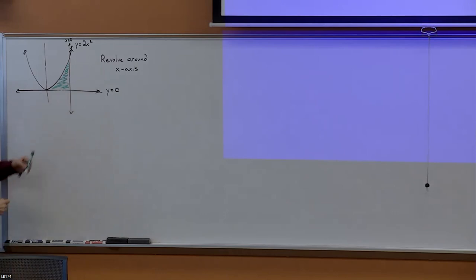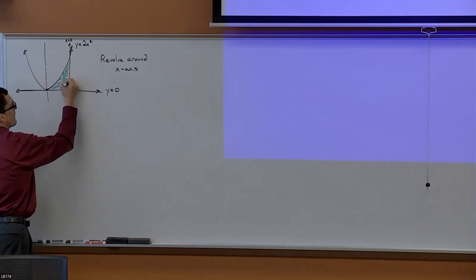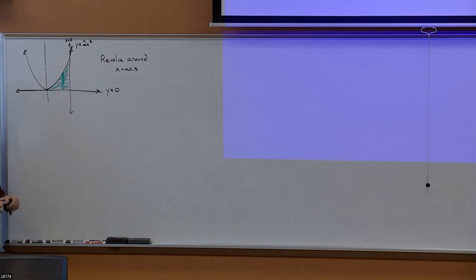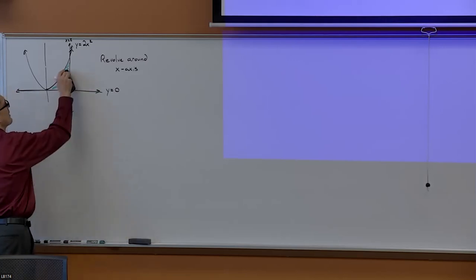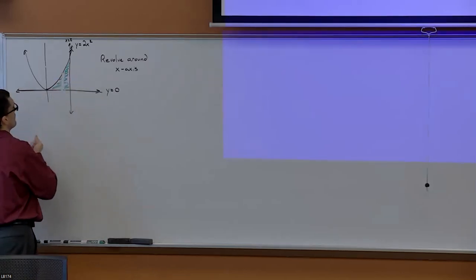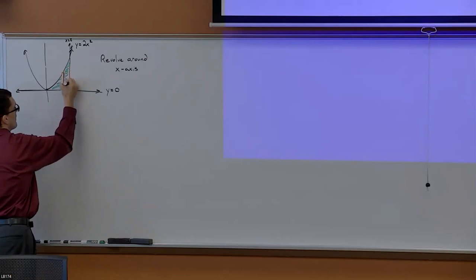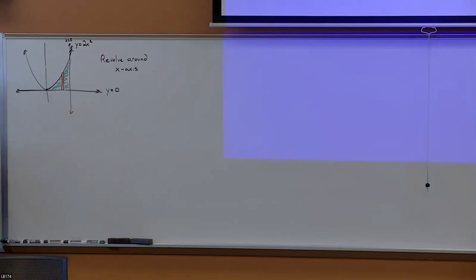Now we're going to revolve it around the x-axis. If I want to make disks, I'm going to orient a rectangle like this. That might be hard to see. See if I do red better. So if I draw just some sort of a representative rectangle, the rectangle looks like that, right?